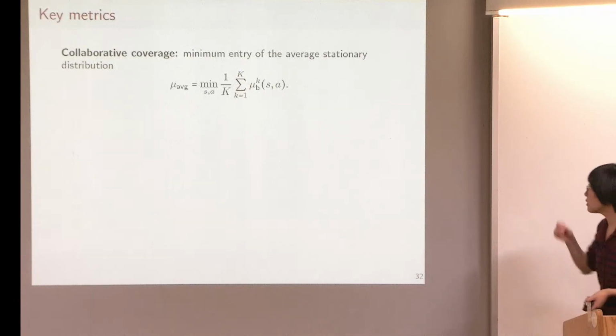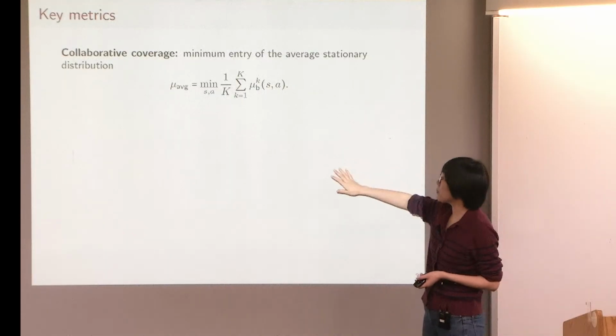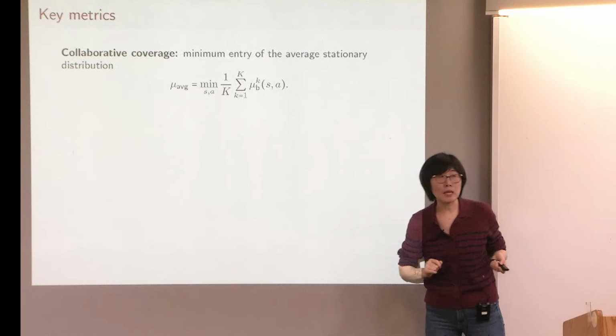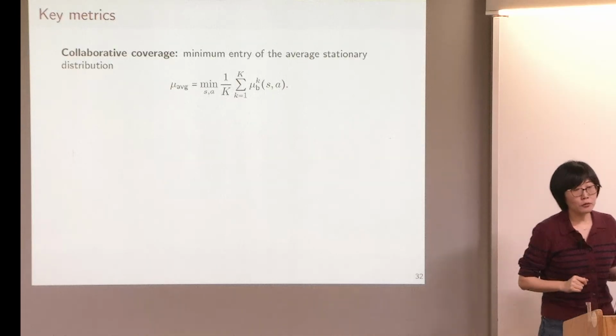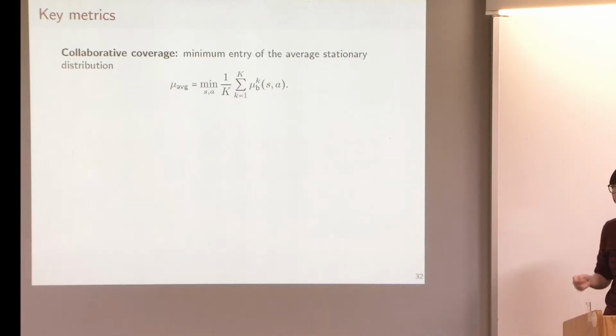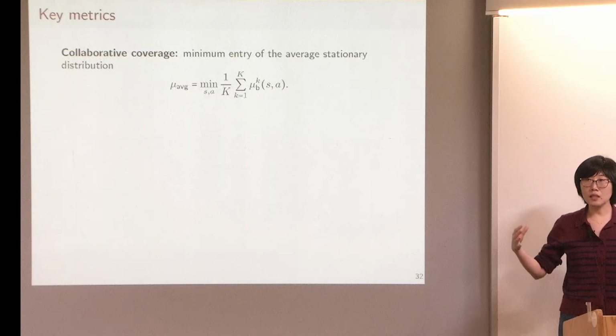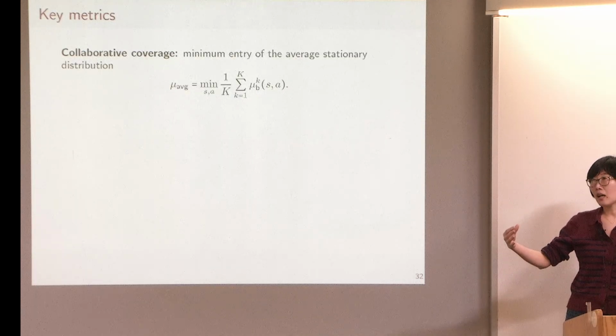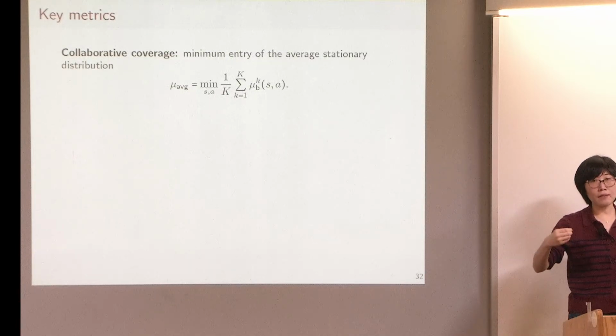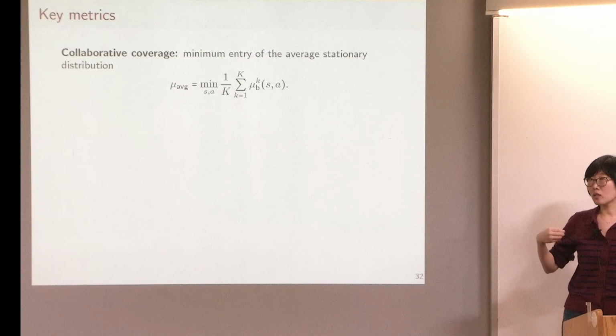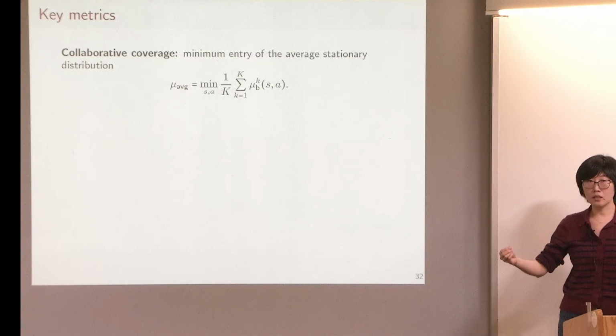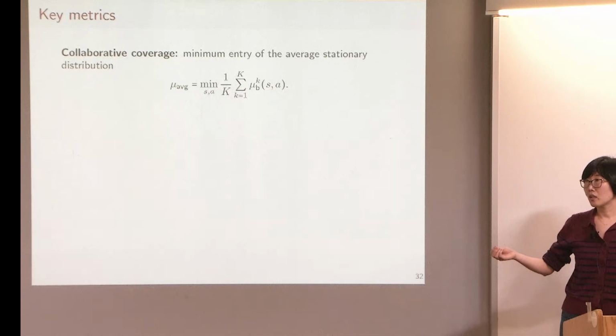It turns out that this would be possible, but before I show my result, let me introduce a few key metrics to make things rigorous. Roughly speaking, different behavior policies will induce different stationary distributions over the state action pairs of the environment.